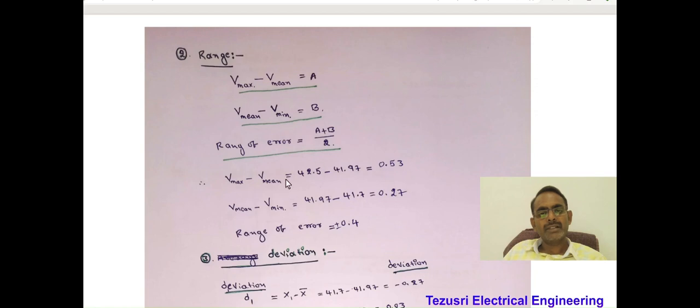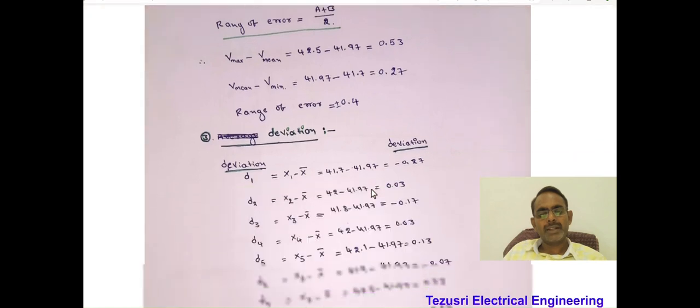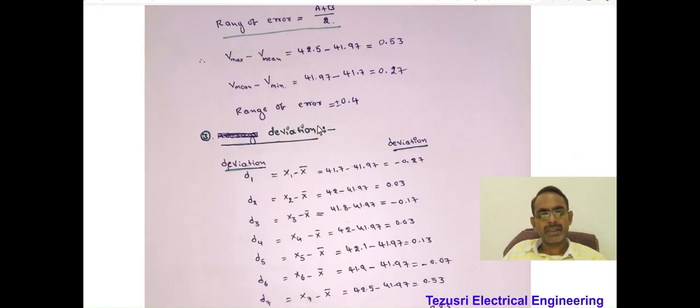For this example, V max minus V mean is 0.53, V mean minus V minimum is 0.27. The range of error equals (0.53 plus 0.27) by 2. We have to get plus or minus 0.4 volts.